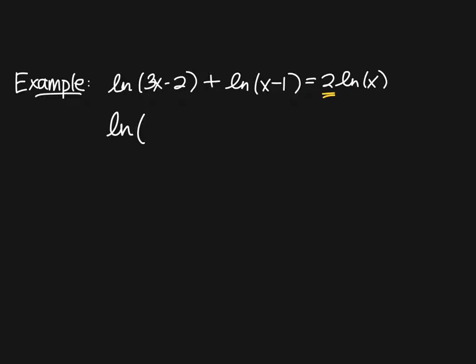I'm multiplying 3x minus 2 with x minus 1. What's the right way to multiply those together? FOIL. So I'm using FOIL within logarithms. The addition becomes multiplication. So I'm going to look at 3x squared minus 3x minus 2x plus 2.